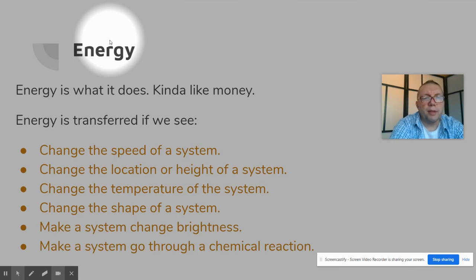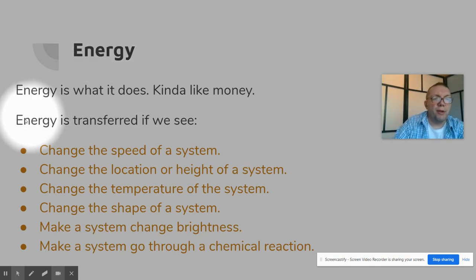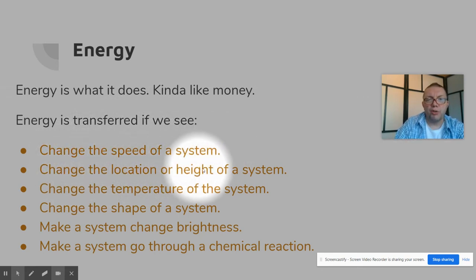And so I'm going to talk about energy in that same way. So we'll say that energy is something that if energy is transferred, we see a change in speed, or an object changes the height or the location of a system. We can see a change in temperature of the system. Energy must have been transferred. If a system or an object bends or changes shape, there must have been energy transferred.